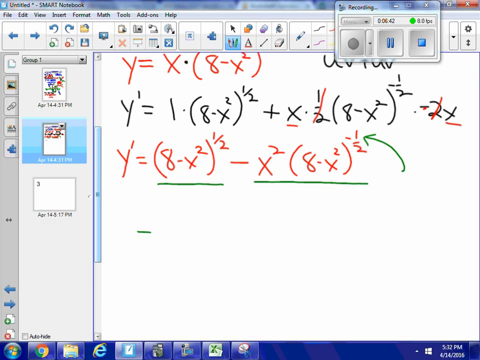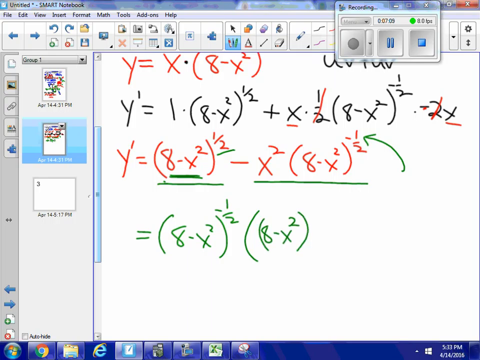So what I'm going to do here is factor out an 8 minus x squared to the negative 1/2. If I factor that out, then if I have 8 minus x squared here, it's the same base, and I want to end up with a positive 1/2, that means this is going to be times 8 minus x squared to the first power, because when you add the exponents, 1 plus negative 1/2 is a positive 1/2.